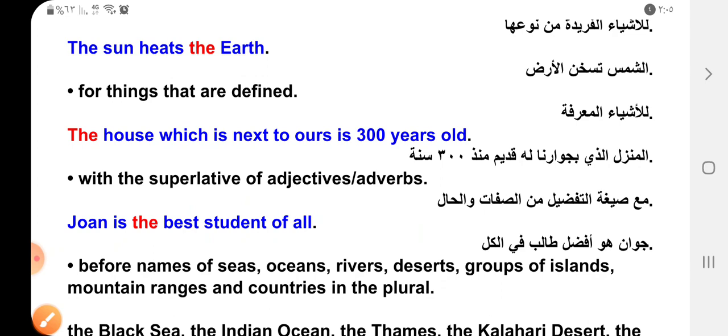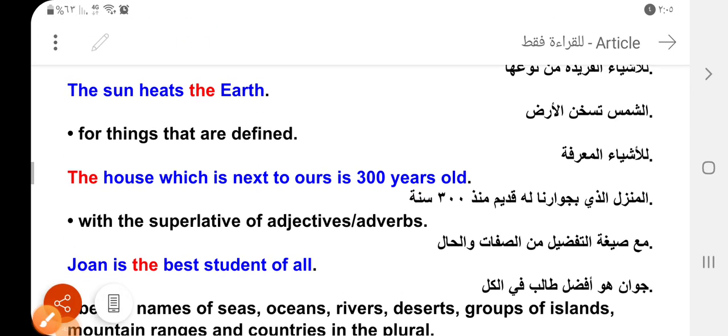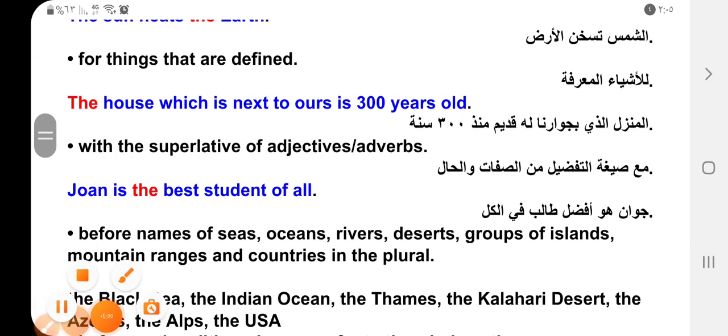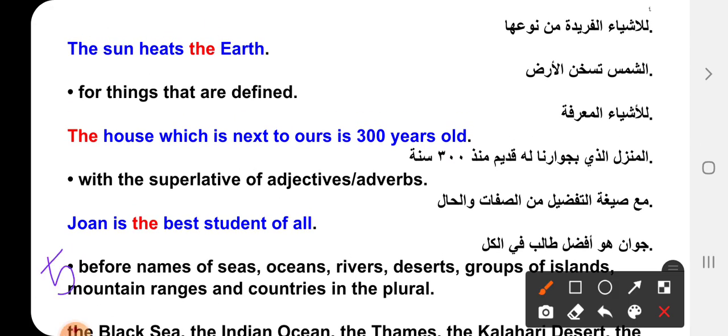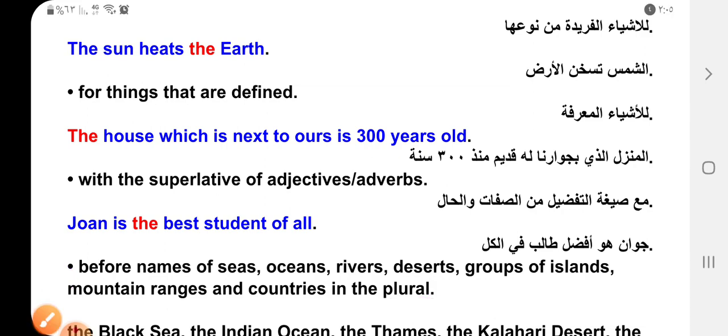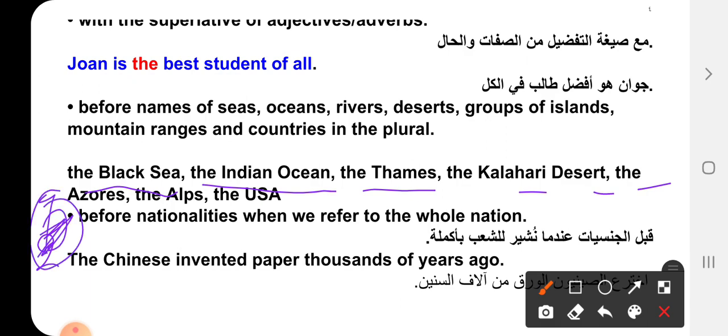Also number 5, before names of seas, oceans, rivers, deserts, groups of islands, mountain ranges, and countries in the plural, like the Black Sea, the Indian Ocean, the Thames, etc. Also, number 7, before nationalities when we refer to the whole nation, like the Chinese.